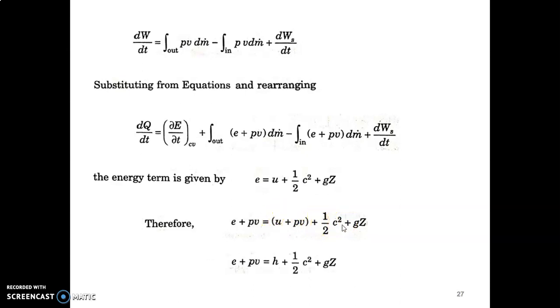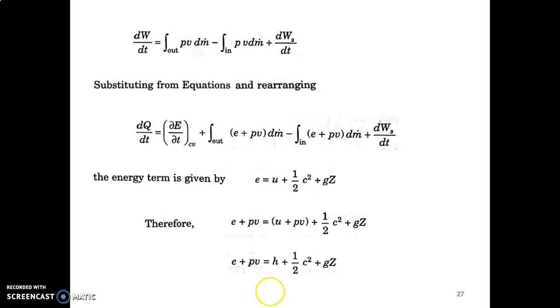Now we all know that u is internal energy and PV is a specific work. Therefore, this u plus PV is actually the specific enthalpy. So we are substituting enthalpy for u plus PV. Specific enthalpy is h. Therefore, it is h plus half C square plus gz.